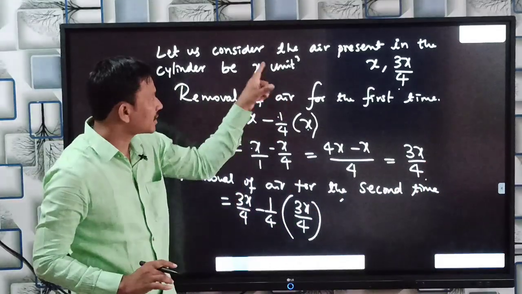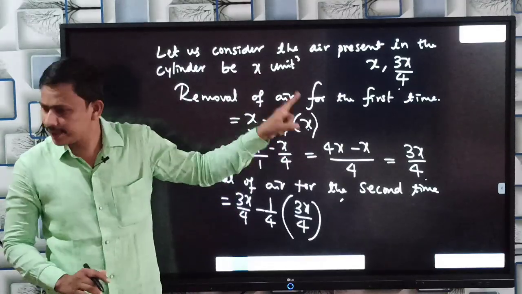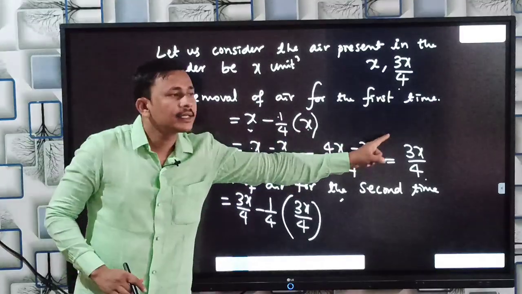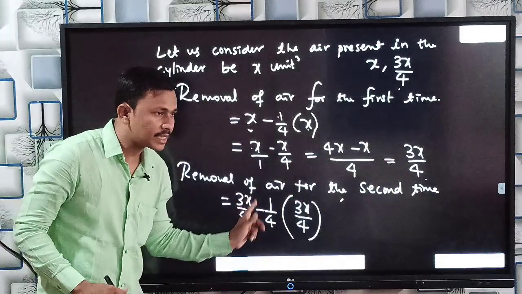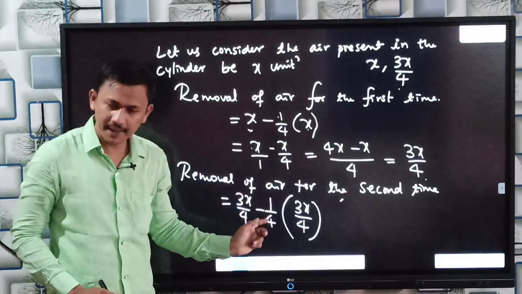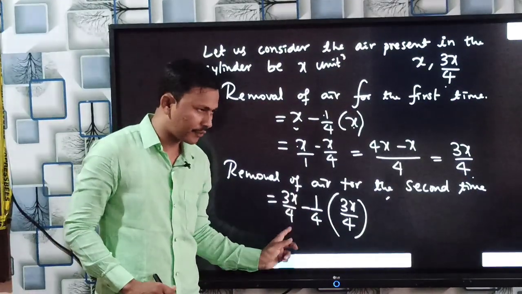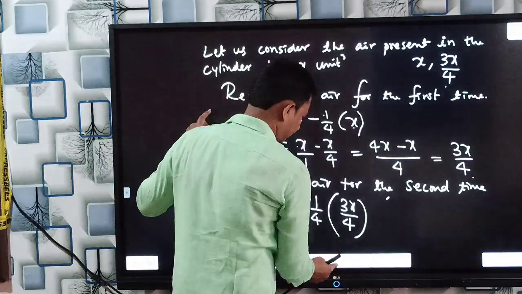Understood? First you took x minus 1/4 of x, the answer is 3x divided by 4. Then 3x divided by 4 minus 1/4 of 3x divided by 4. What answer comes?